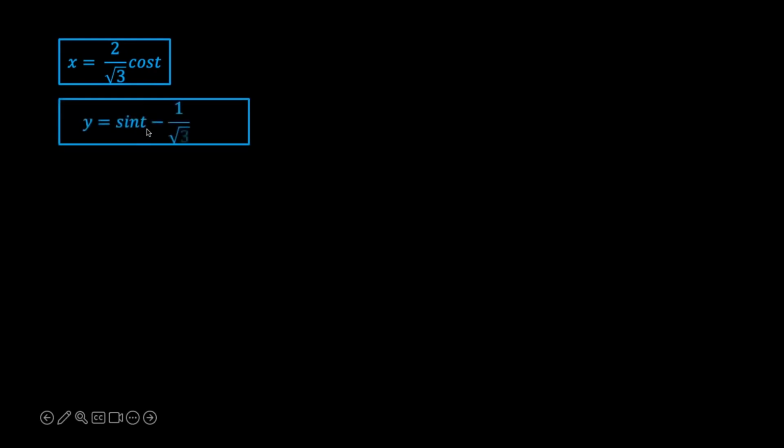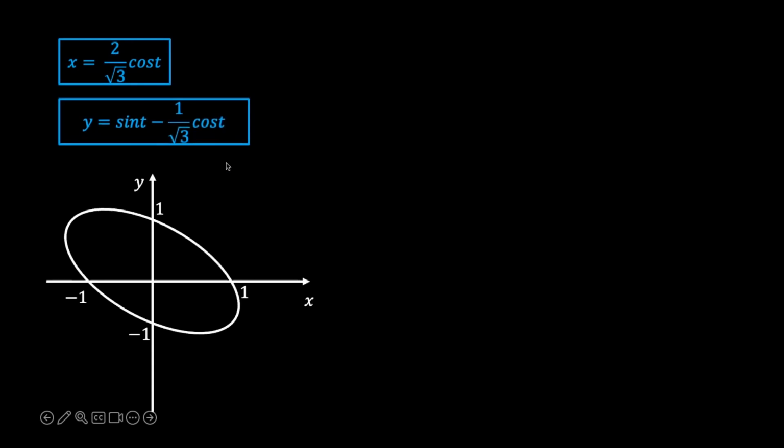Since we have the parametric expression of x being equal to 2 over root 3 cosine t, and the parametric expression for y being equal to sine t minus 1 over root 3 cosine t, what this means is that we have an ellipse here, as we saw previously. At this location, we found that t equals pi over 2, and at this location we found that t equals pi over 6, right?